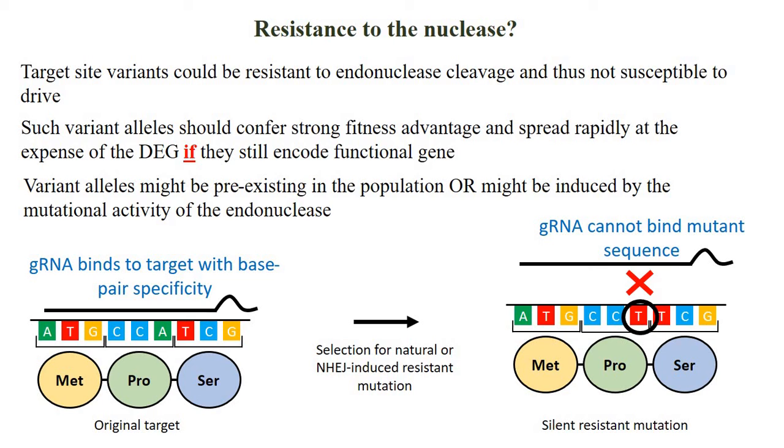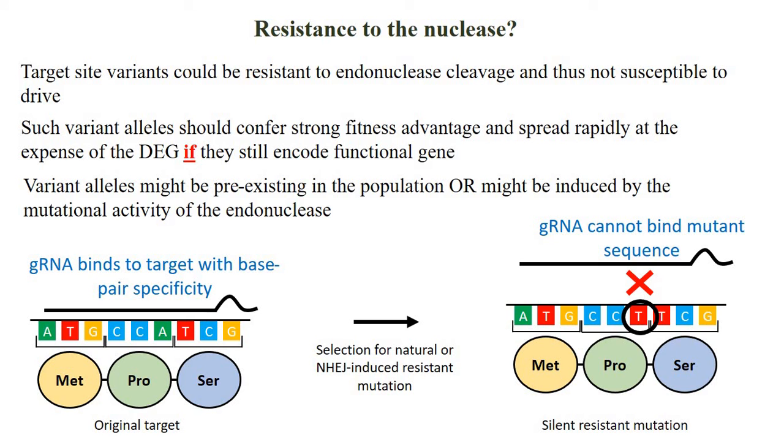So these target site variants could be resistant to endonuclease cleavage, and so they are not susceptible to the drive. What does that mean? Remember, for these endonucleases to work, they need to make a break in the DNA.